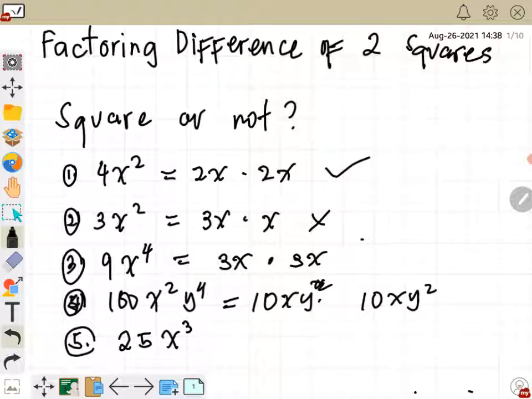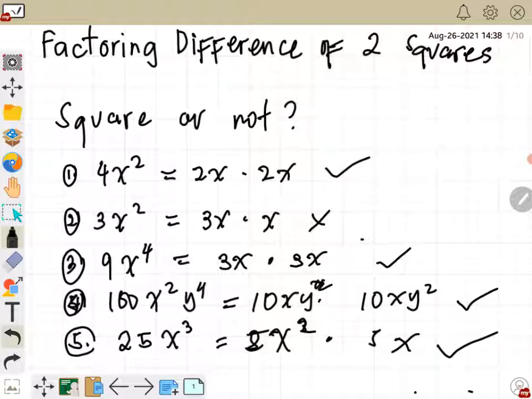So eventually we can split it into the same factors, 10xy square each. This is a square. 25x cubed, though 25 we can split into 5 times 5, but x cubed we can split only into x square and x. They are not the same, so this is not a square.